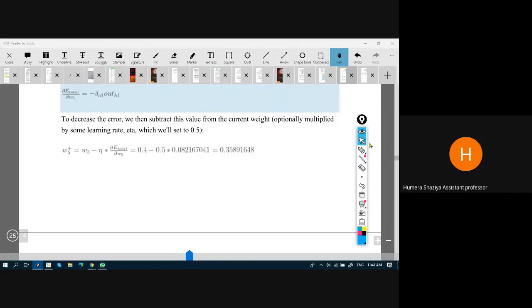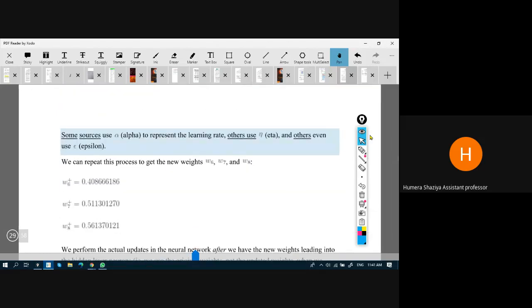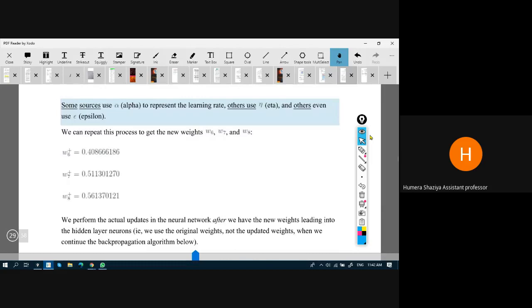This process is performed on every weight, W6, W7, W8. You have obtained new Ws.